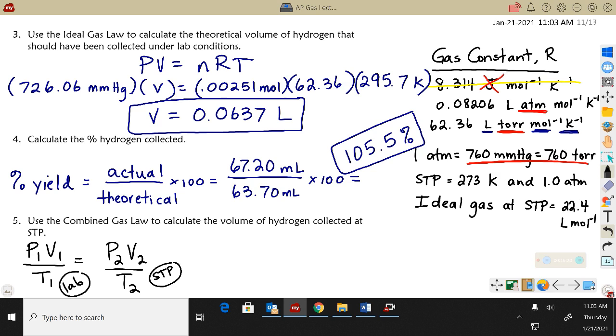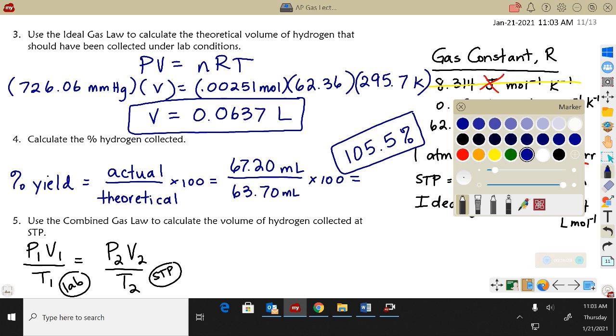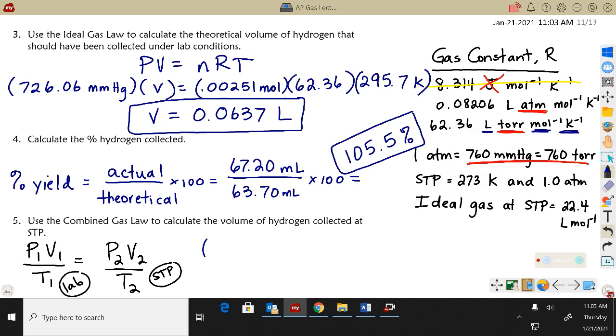It's going to be just a lot of plug and chug. In the lab, the pressure of the hydrogen was the answer from number 1, 726.06, and that was millimeters of mercury. In the lab, I collected 67.20 milliliters of gas.